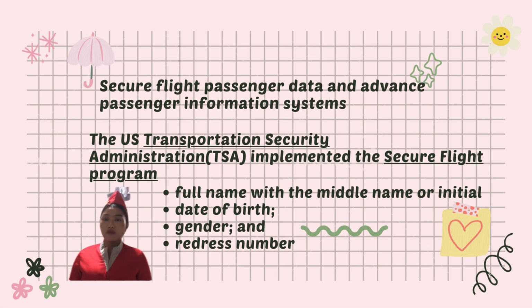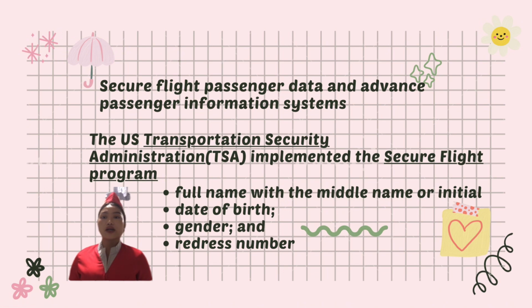PNRs of travelers visiting the land of liberty must contain secure flight passenger data, such as the full name with the middle name or initial if it appears on the ID card, passport, driver's license, and other valid identity document with the photo, date of birth, gender, and redress number issued by the TSA to facilitate identity checks.